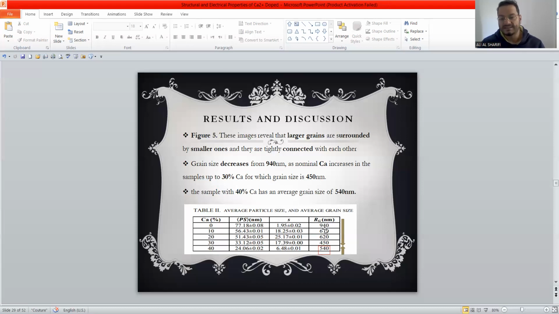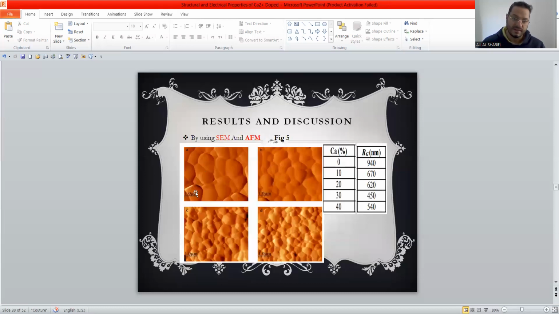940 at 0 when we don't have any doping element. When we don't have any doping element, the grain size will record the bigger number, starting from 940.